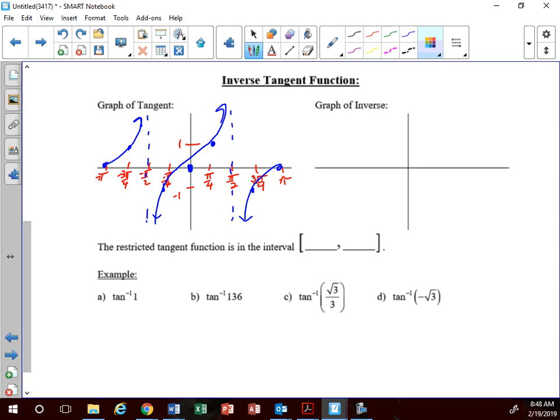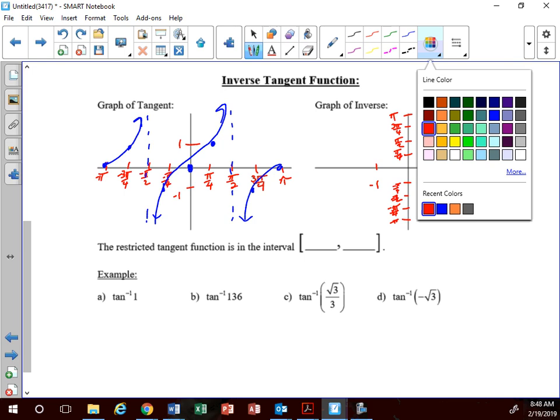All right, guys, so let's think about the inverse. So again, I'm switching my labels. I realize I'm writing these so small no one can read them, but there you go, they're labeled.